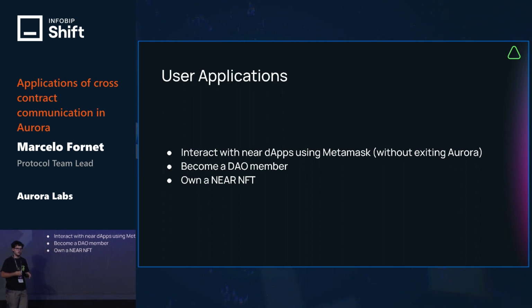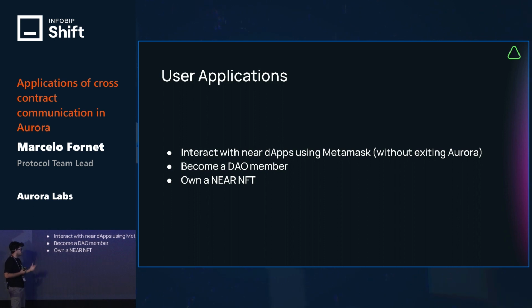So they will use their own address, their own wallet that they have on Aurora, to start transactions on Aurora that will later be executed on NEAR. That's a really neat feature that is certainly not possible today. There have been some efforts to use MetaMask on NEAR in a different way, but it requires some setup on the part of the users. This is basically a zero-cost abstraction for users to start using MetaMask on NEAR.